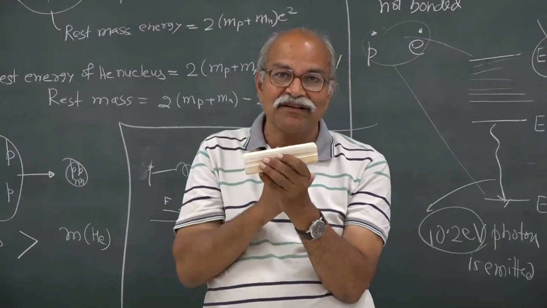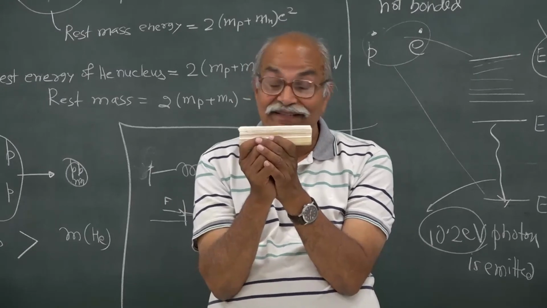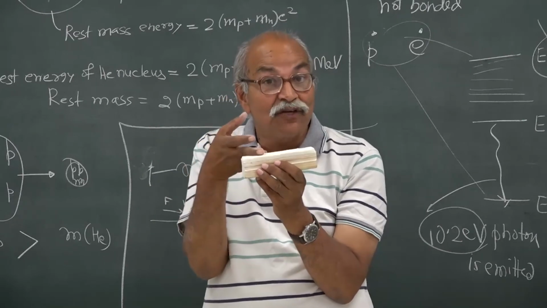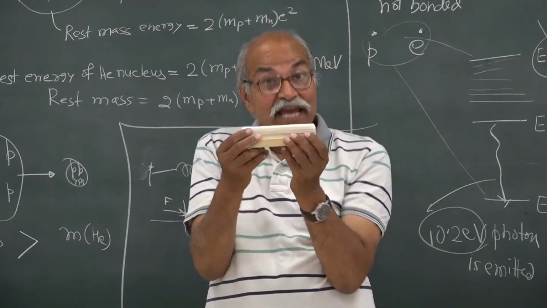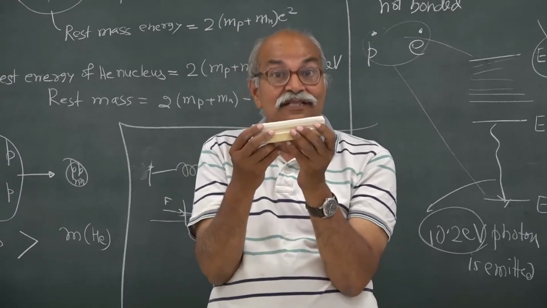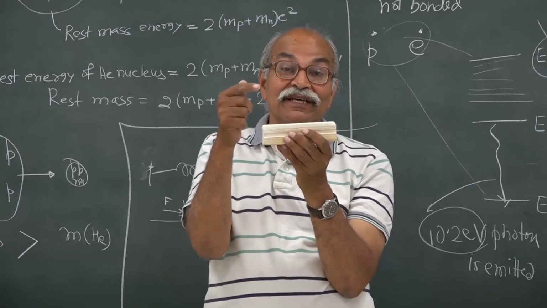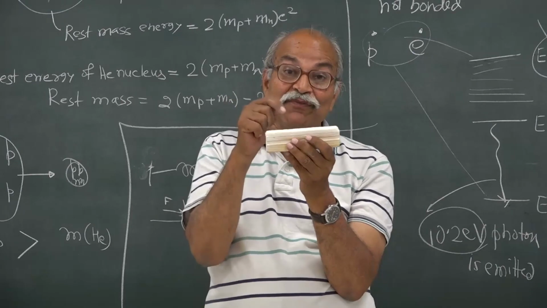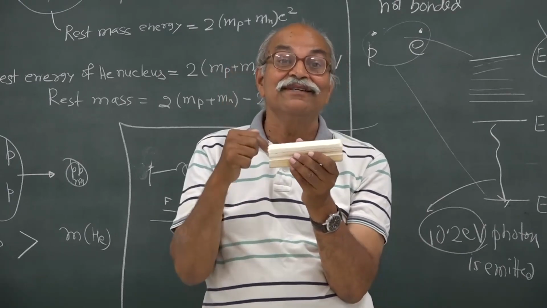So, the rest mass energy has increased, the kinetic energy has not changed, and you have given the energy. Where has that energy gone? It is converted into mass, and the object is heavier in that sense. A hot object is heavier than the same object when colder. When it is hot, it has more mass, when it is cold, it has less mass.